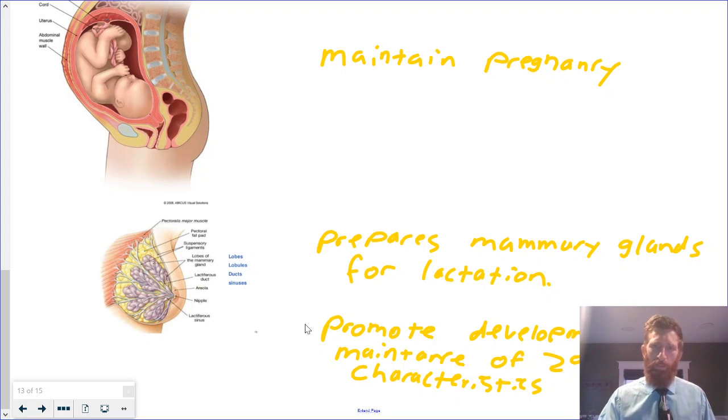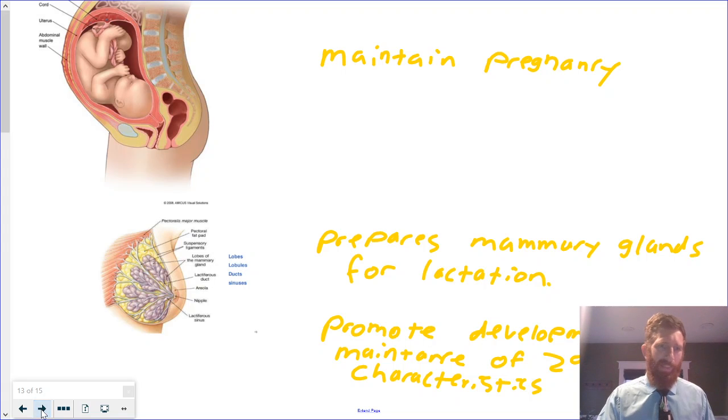And last but not least, it promotes development and maintenance of secondary sexual characteristics. Secondary sexual characteristics are any characteristics that are not directly involved in reproduction. So changes in voice, changes in body hair, usually widening of the hips, right, are classic female secondary sexual characteristics.